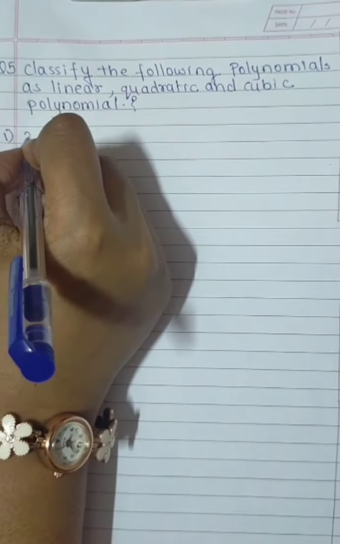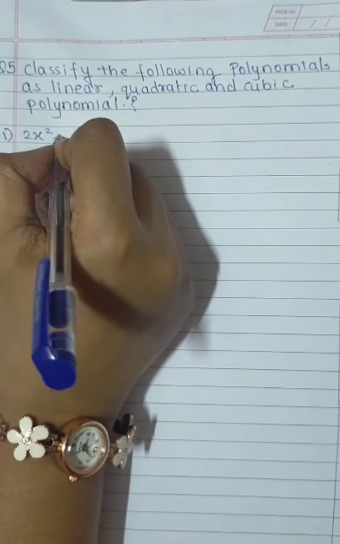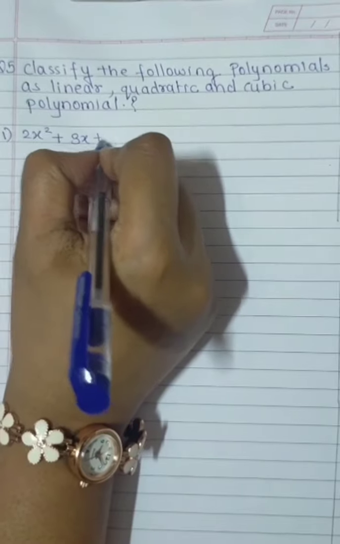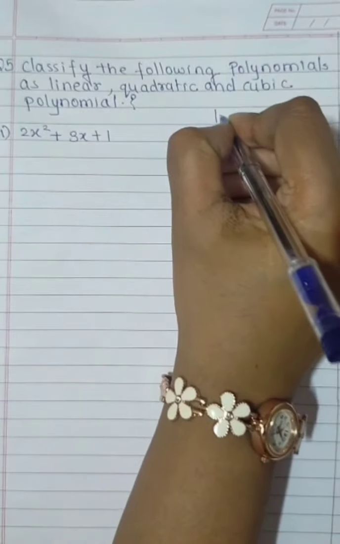Classify the following polynomial as linear, quadratic and cubic polynomial. The question is given. First question is 2x square plus 3x plus 1. First we will write what is linear.